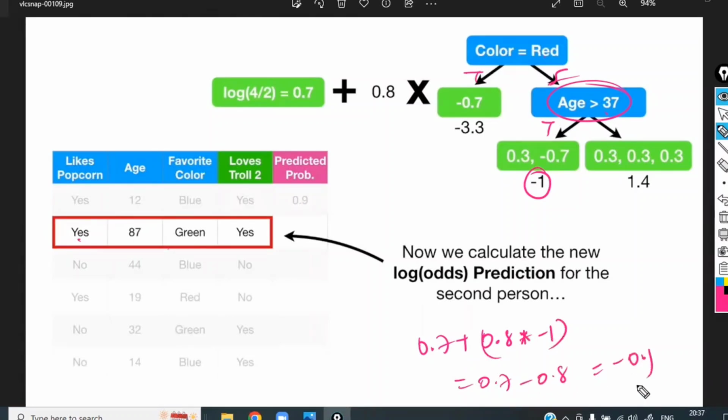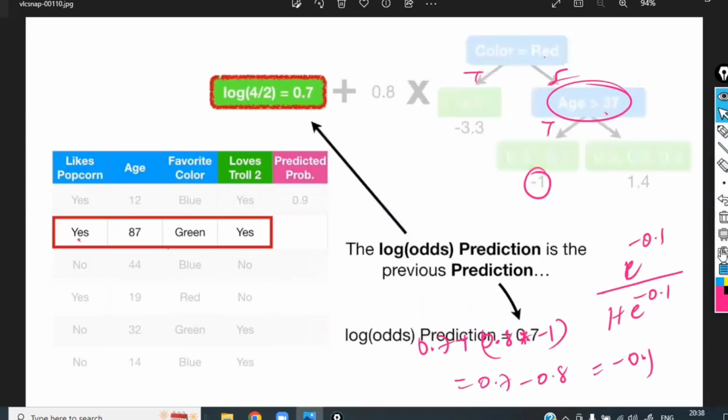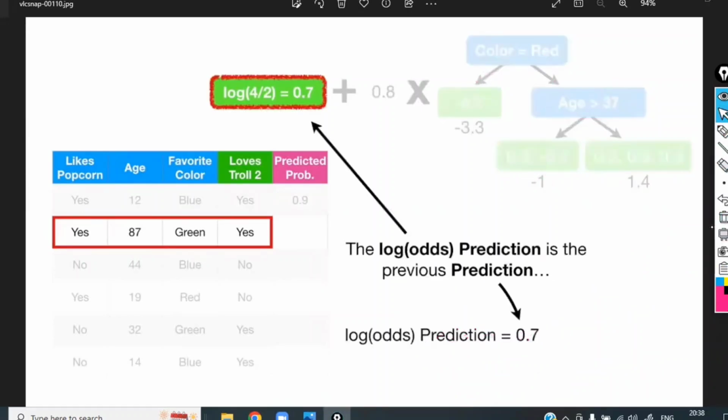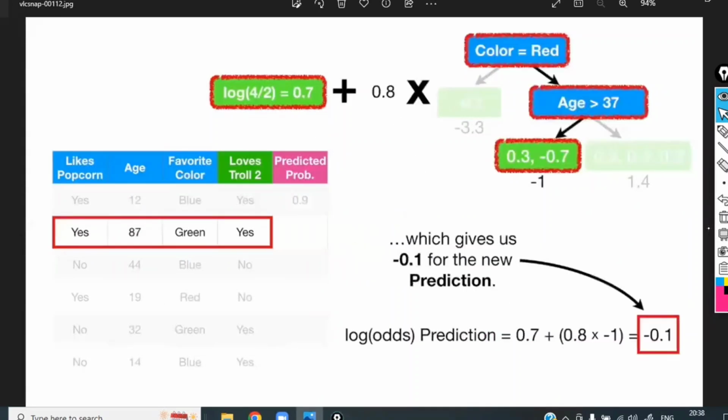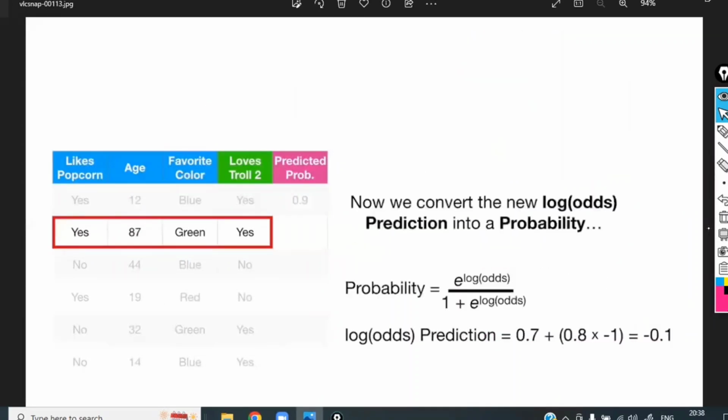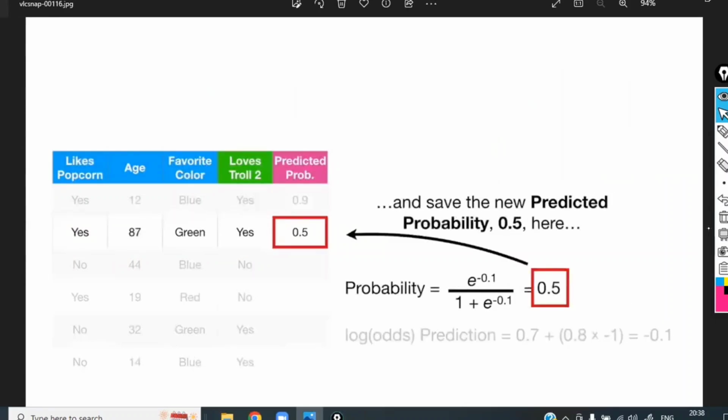This is the log of odds. Probability is e to the power of minus 0.1 divided by 1 plus e to the power of minus 0.1. Substituting 0.7 plus 0.8 into -1, which is minus 0.1, I get 0.5. That value I'm writing here. Clear?